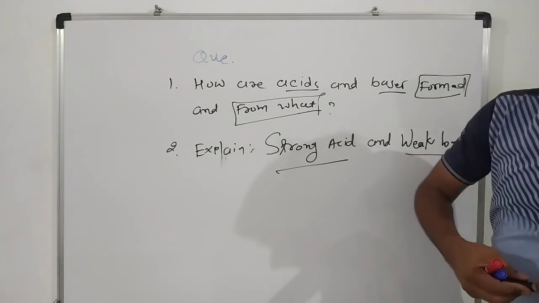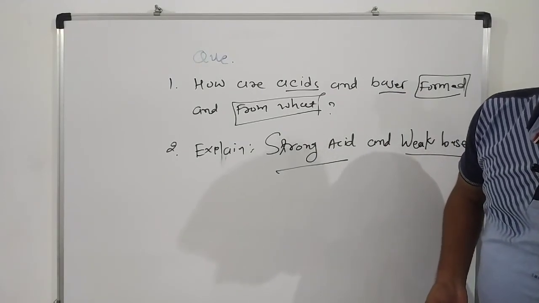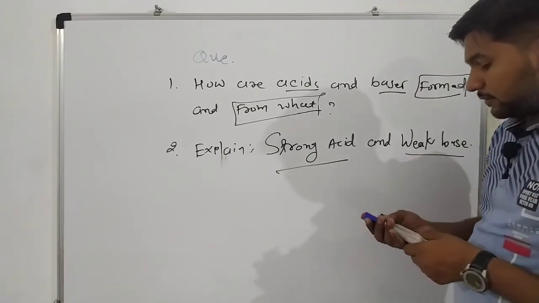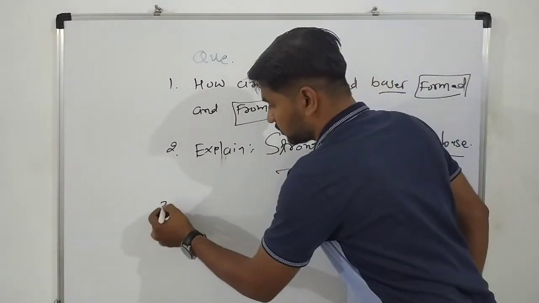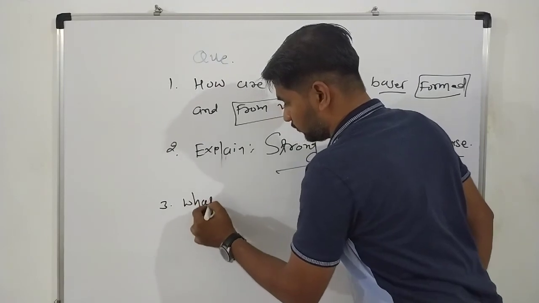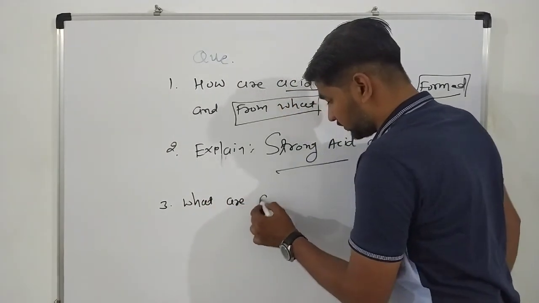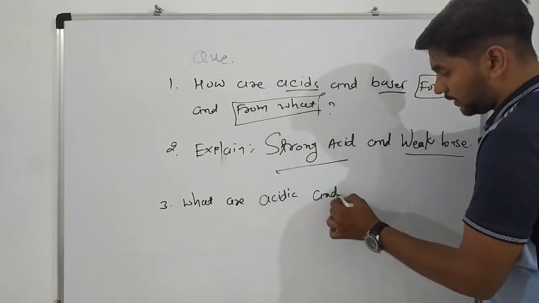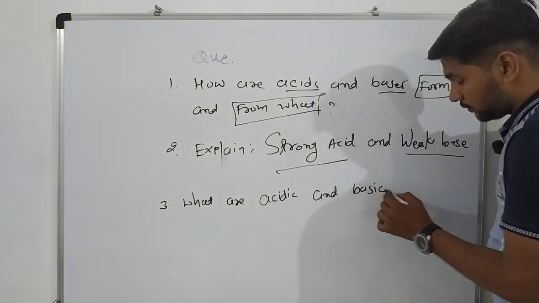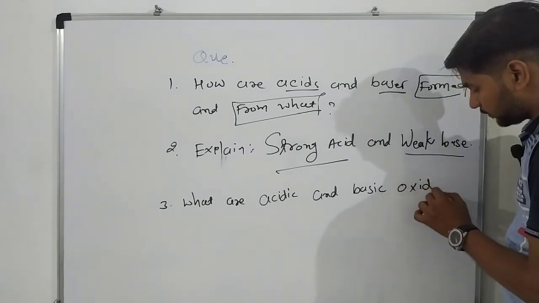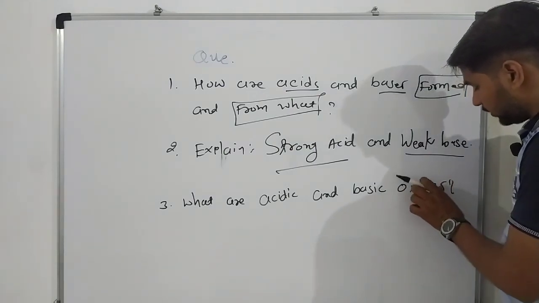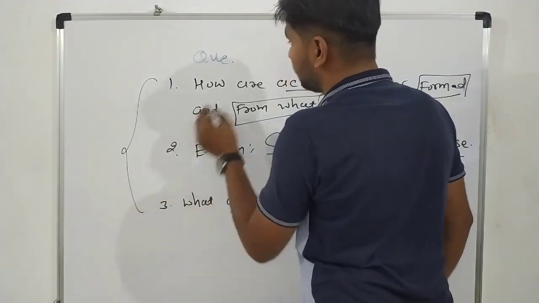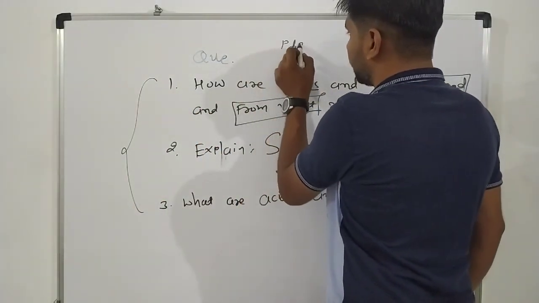And the last question is, what are acidic and basic oxides? You compulsorily have to write the 3 questions and send me the PDF on my personal number.